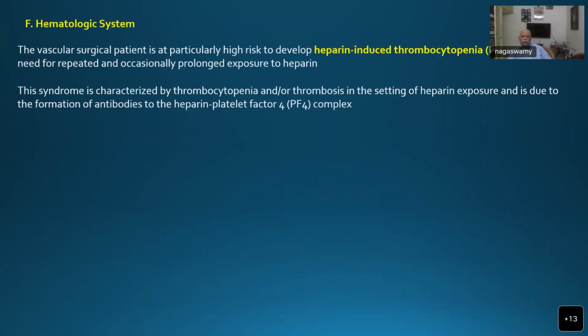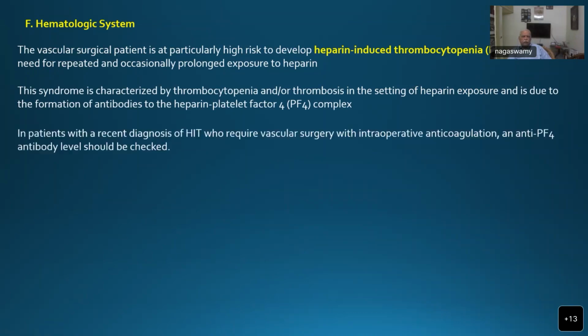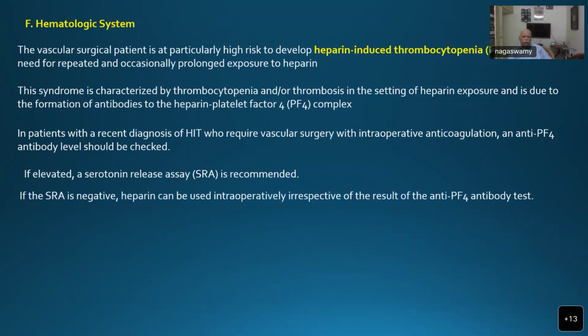That is, again, some sort of antigen antibody reaction type. Formation of antibodies between heparin and platelet factor 4 complex results in the platelets not functioning properly, and patients who are on heparin go for reduced platelet function. If elevated, the serotonin release assay is the one test which will indicate whether the patient is having HIT syndrome.